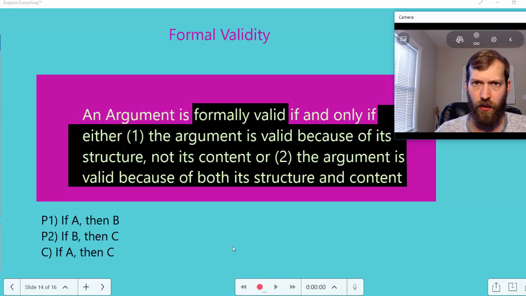What I've done in this argument is I've kept what we call the form words. In this case, it's the if-then, because we're dealing with hypothetical syllogisms, so we're dealing with conditional statements. So I remove the content by just using these capital letters, which are just variables that stand for any statement whatsoever.